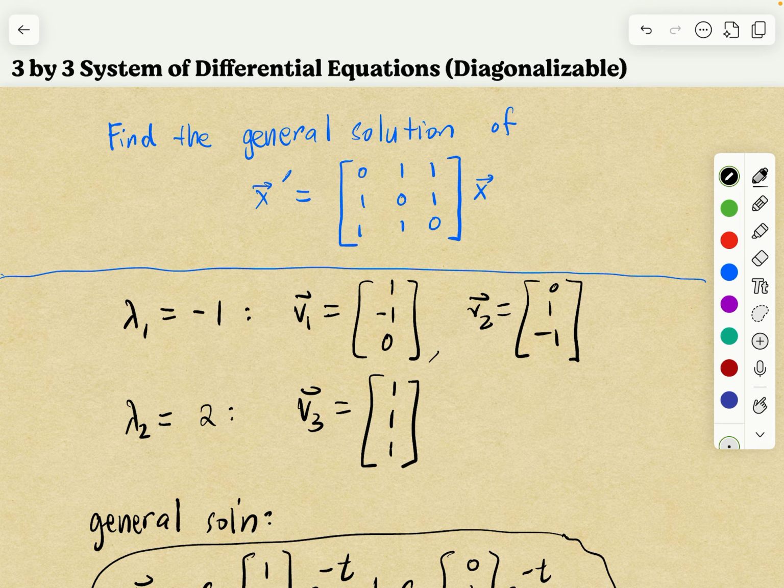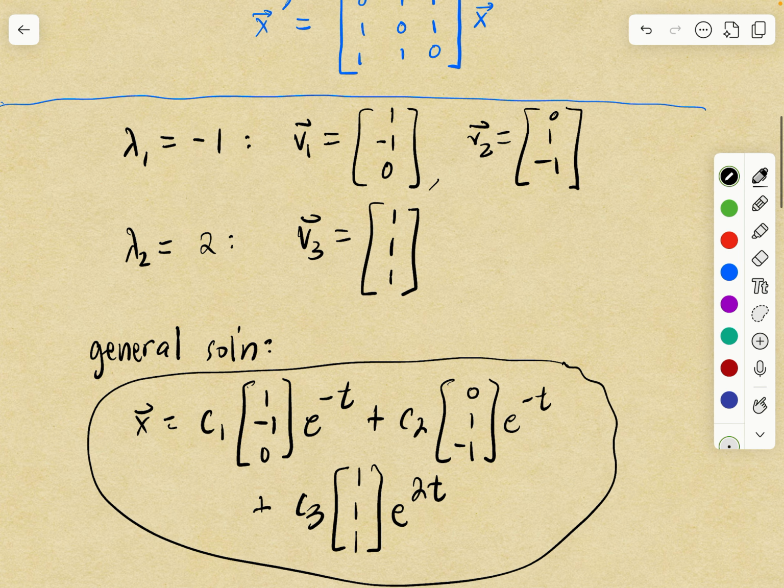So for something like this, you might be asking, where is the calculus? We didn't do any calculus. You just use linear algebra. Well, the calculus comes from knowing that what you get is the general solution. How do you know that you have n independent solutions? Or how do you know that there can't be any other solution?